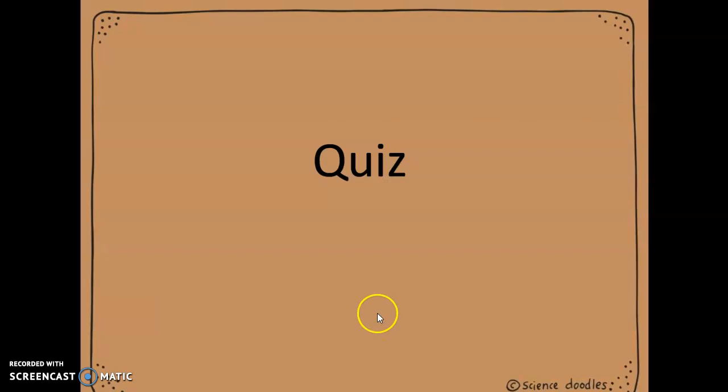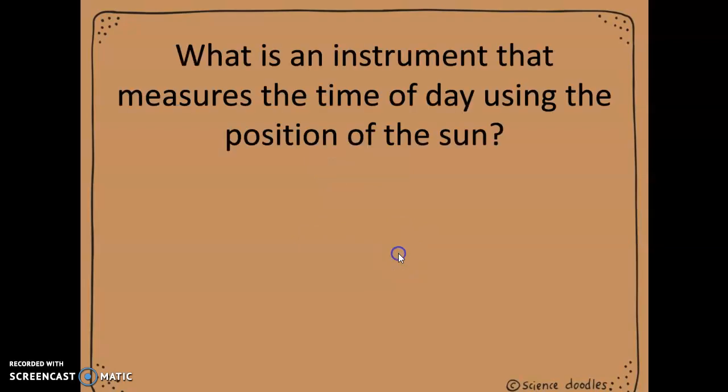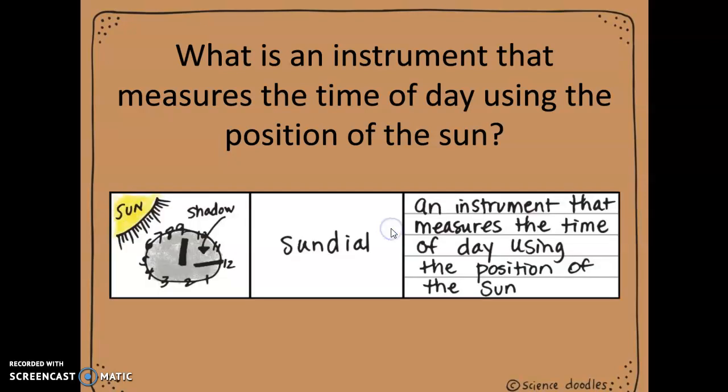All right, so it's now time to see how well you're paying attention to your words. See what you remember. What is an instrument that measures the time of day using the position of the sun? If you said sundial, you got that right. Good job.